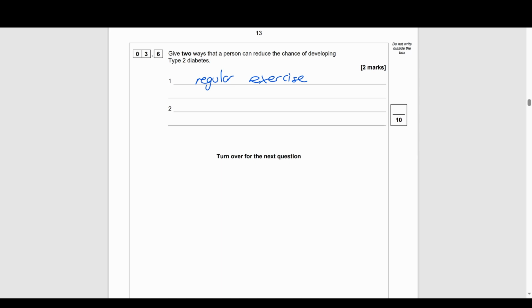So what you'd want to say is either eating less carbohydrate, or you could say have a carbohydrate controlled diet. So that I'm assuming would be the same as this point too.